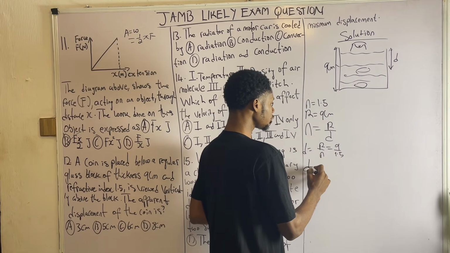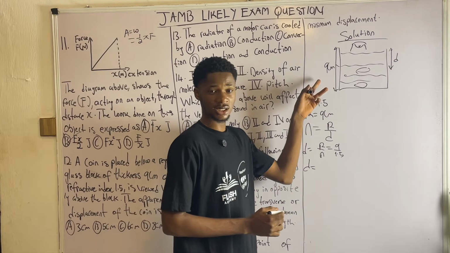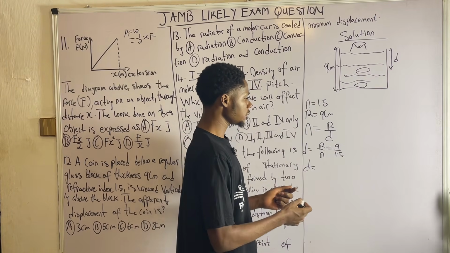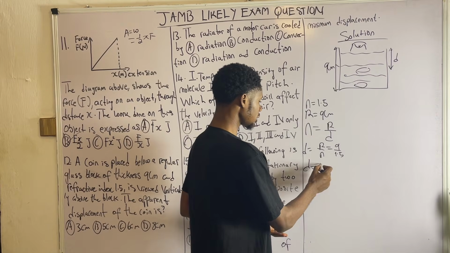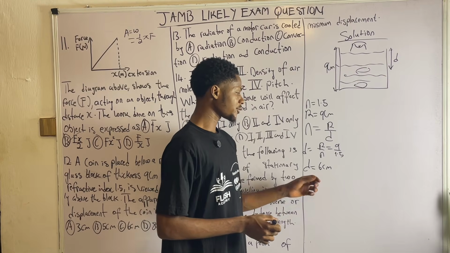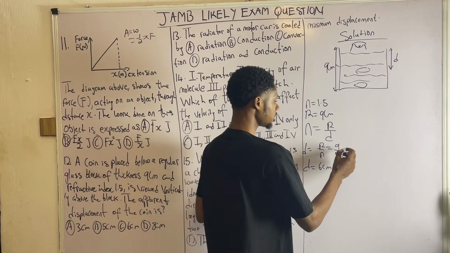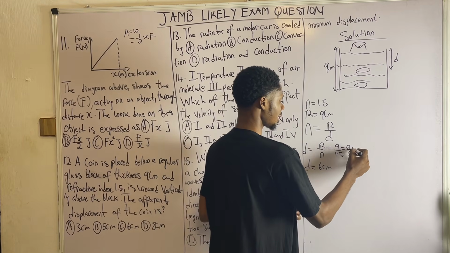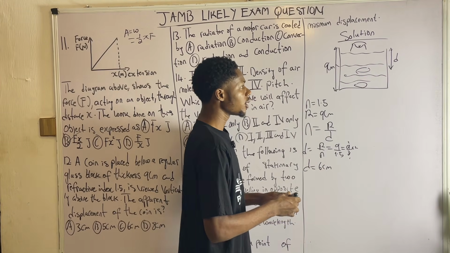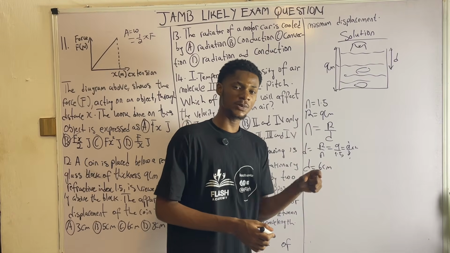When you divide this, what do you get in centimeters? Because this is in centimeters. That will be 6 if I'm not mistaken. So we're going to have 6 centimeters. Let's confirm. This is 9 over 3 times 2. 3 here is 1, 3 here is 2. So that's 6 centimeters.